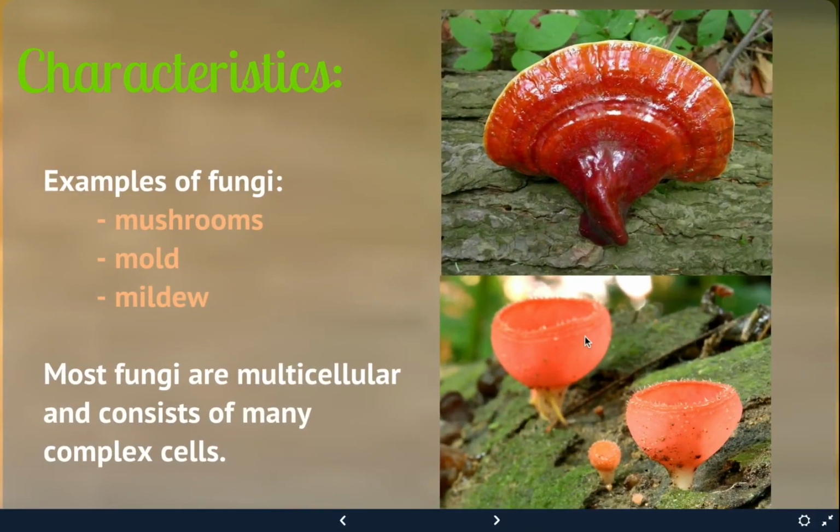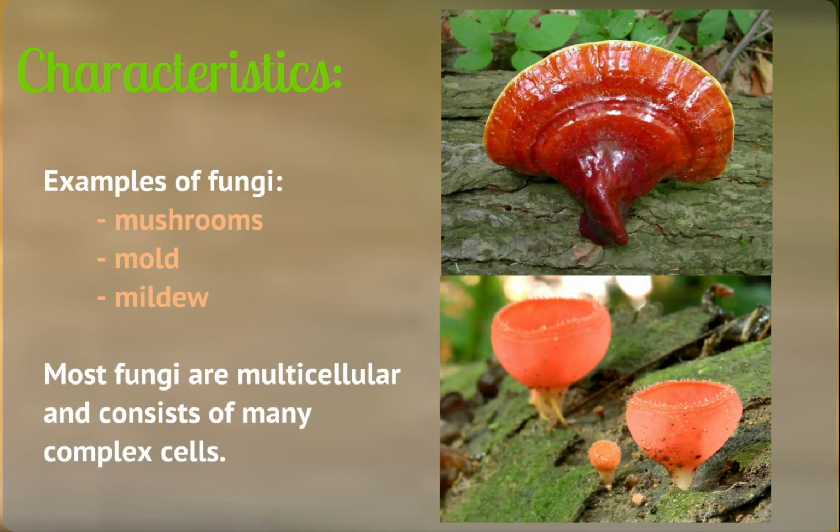This is the kingdom fungi. Fungi are mushrooms, mold, mildew. Most fungi are multicellular, meaning they have multiple cells, and consist of many complex cells. They also have an outer covering of the cell wall called chitin. Chitin is a carbohydrate.